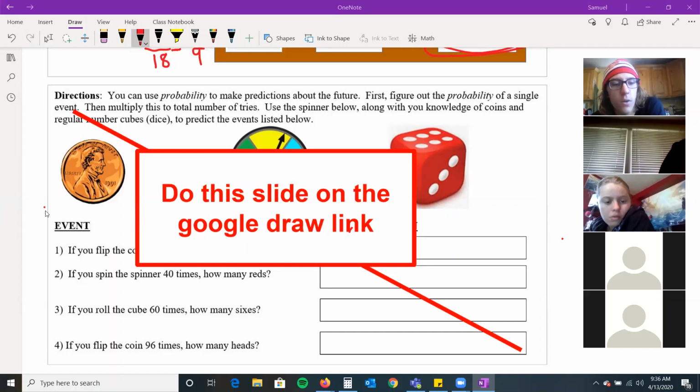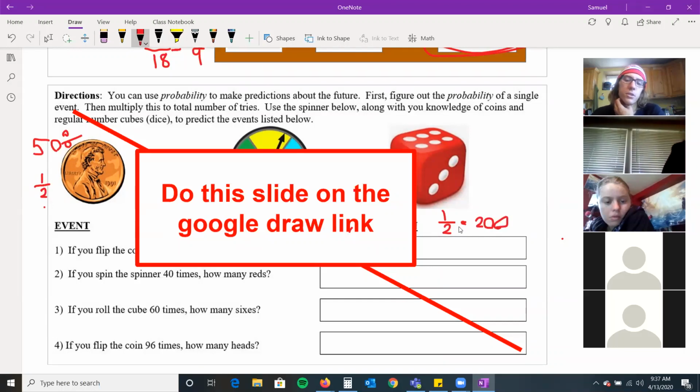Good. So if a coin, like we said, most of you said 50% chance, right? It's going to either be heads or tails. So if there's a 50% chance or 1/2, that's our theoretical probability, right? And then if we flip it 200 times, we're going to say, okay, well, it's a 50% chance of landing heads. So then you say 1/2 times 200, the number of flips, right?